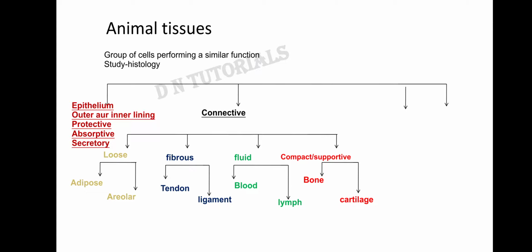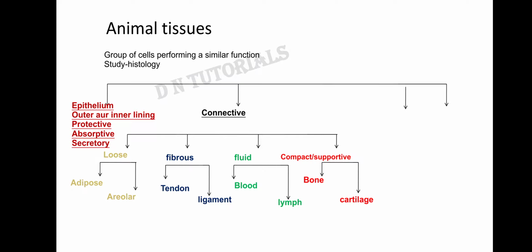So if the matrix is loose, it is called a loose connective tissue. And here we'll be talking about adipose tissue and the areolar tissue. The second category, where the matrix is fibrous, is called fibrous connective tissue. It is of two types, tendons and ligaments.